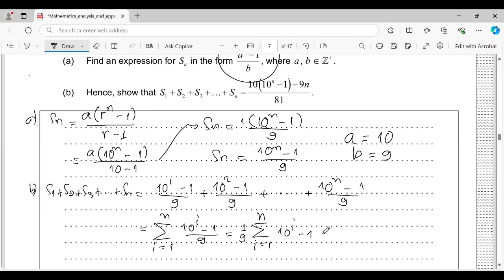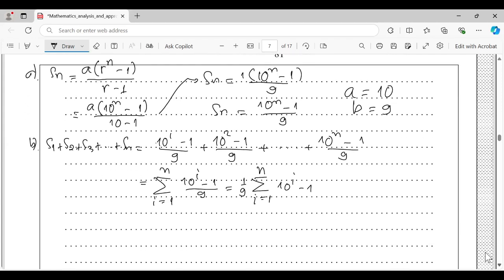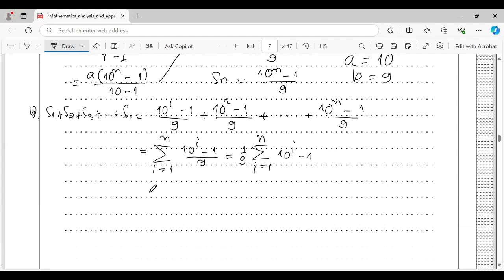It's going to be 1 over 9 times sigma i equals 1 to n of 10 to the power i minus sigma i equals 1 to n of 1.